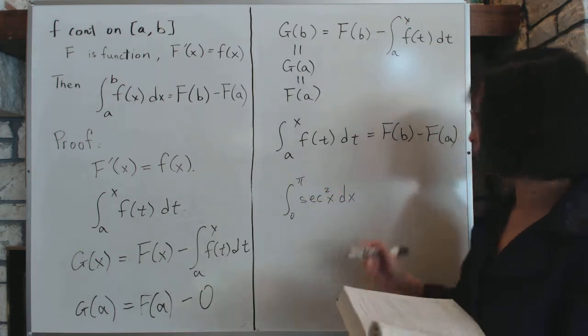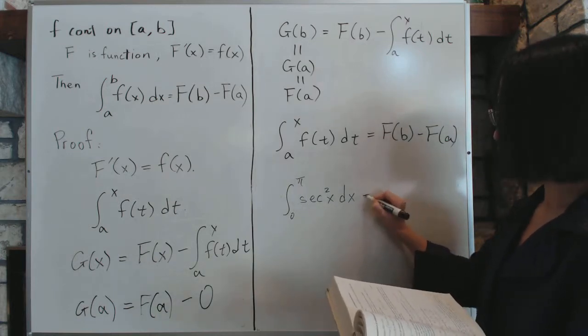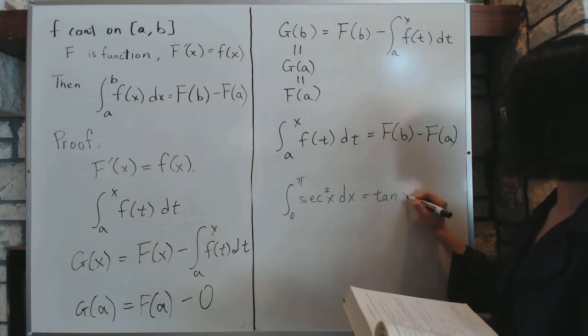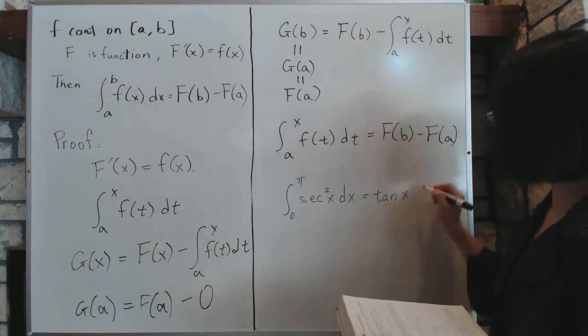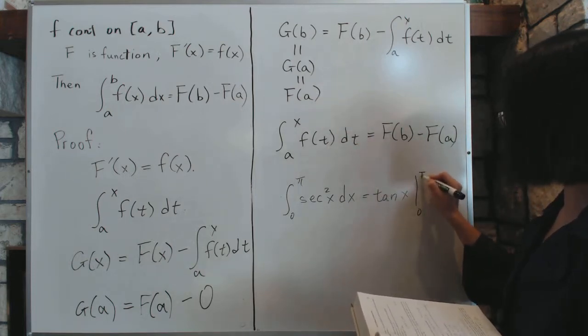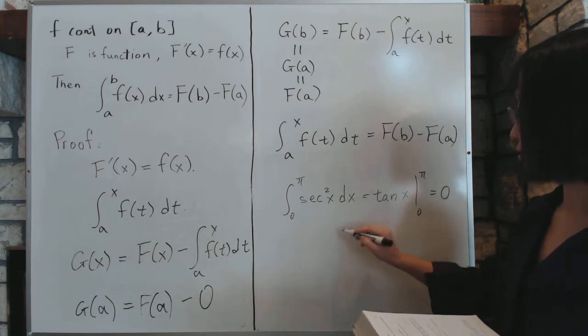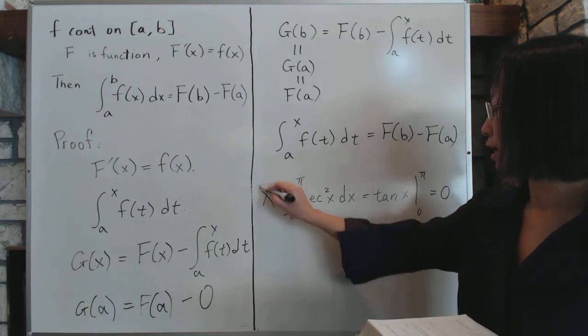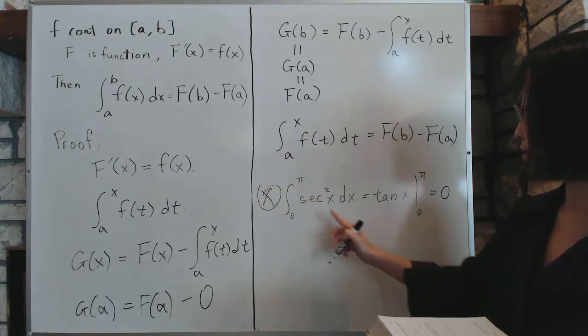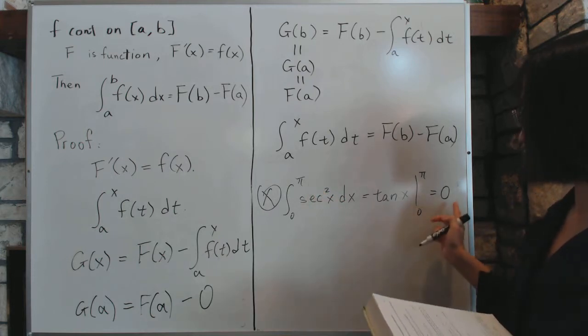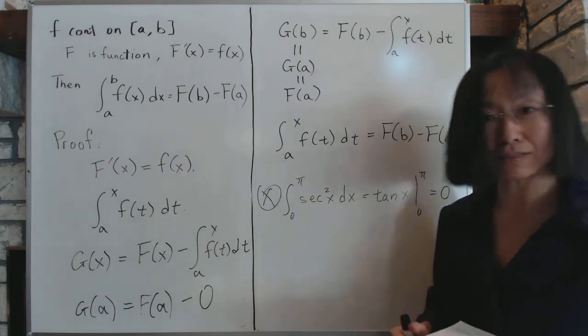But if you don't pay attention and you just do some thoughtless manipulation like following that rule, then you go from 0 to pi, and that will give you 0. And that is wrong. The integral from 0 to pi of secant squared cannot be 0 because secant squared is a positive function.